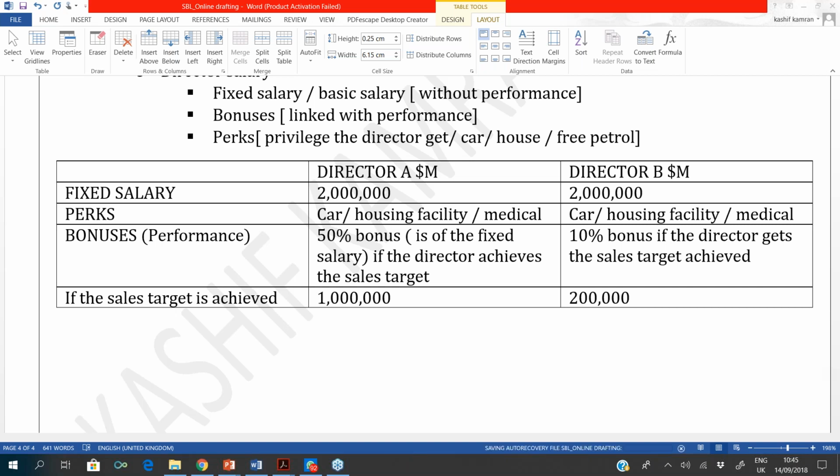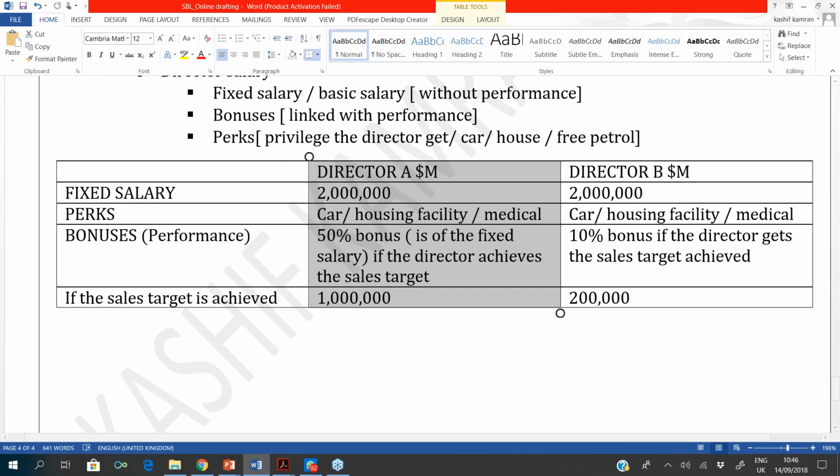Those 50% will drive the director. The 50% will motivate the director to achieve the targets. So which is a better situation for corporate governance? Director A is a better situation, right? Not director B.